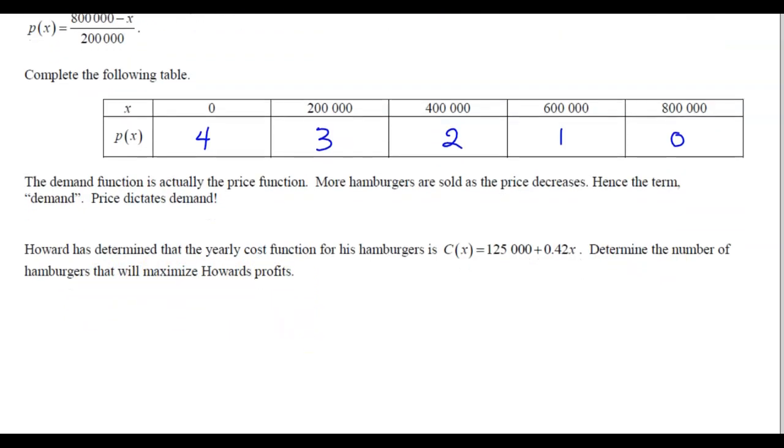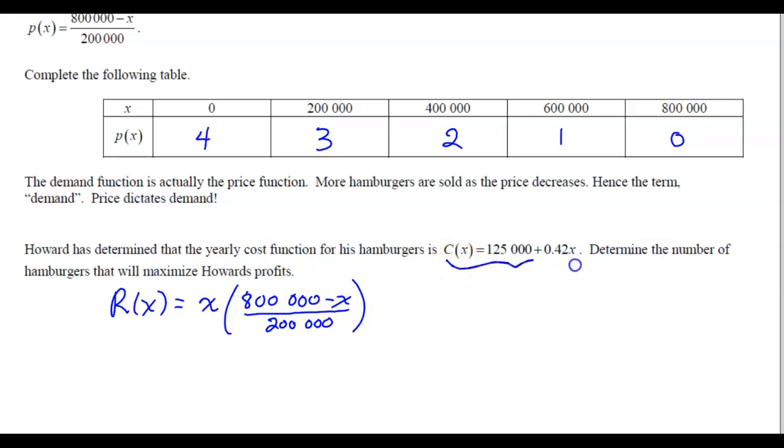Okay, so in this case, our revenue function is going to be however many burgers are sold times the price function, lowercase p. Okay, and then we have our cost function here.